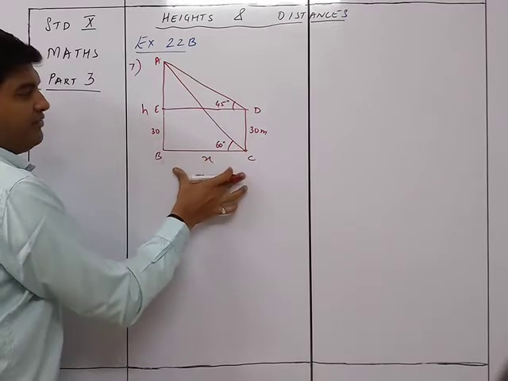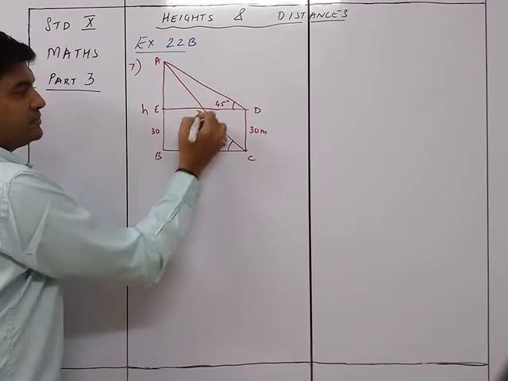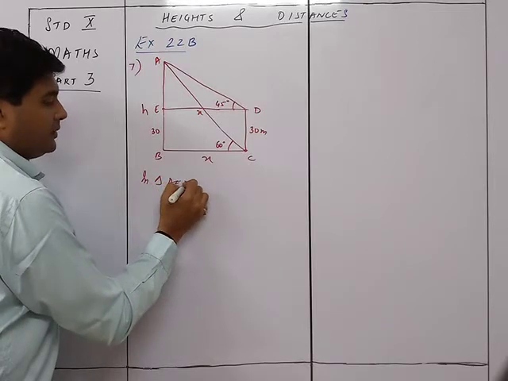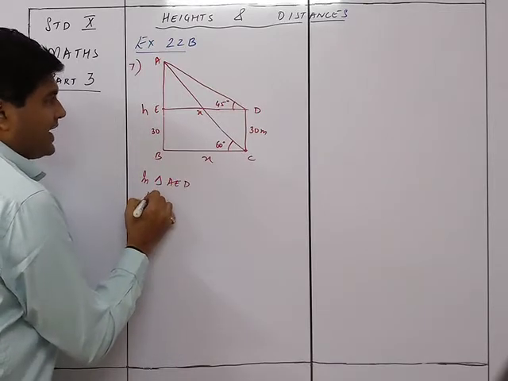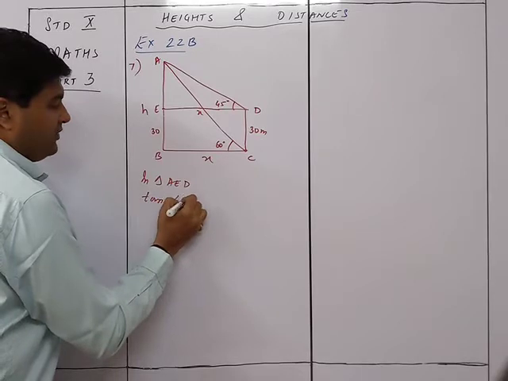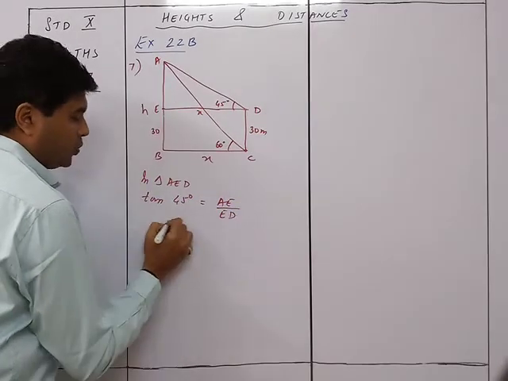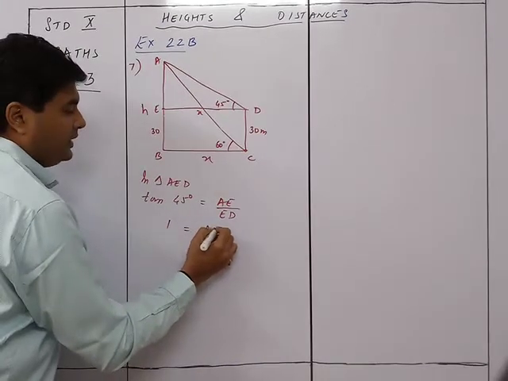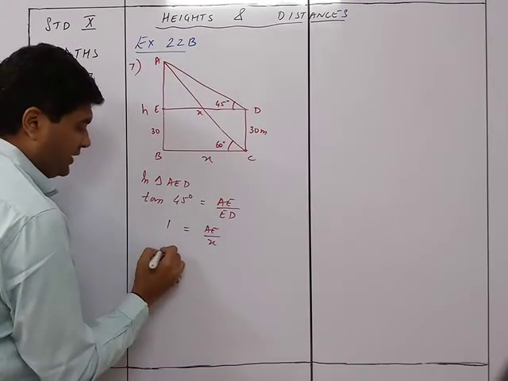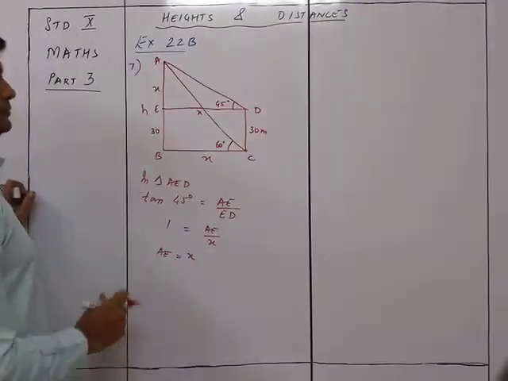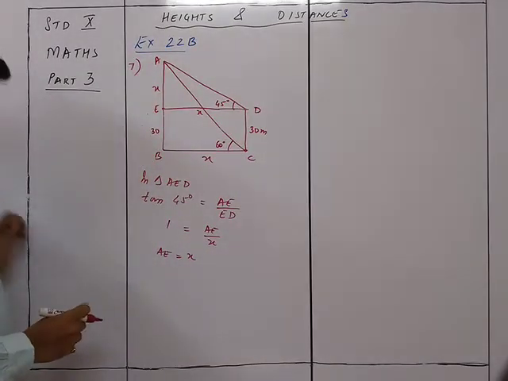So this over here, if it is x, then ED is also x. So in triangle AED, we have tan 45 is equal to AE upon ED. So 1 is equal to AE upon x. Therefore AE is equal to x. So this is x. We'll not take h right now.